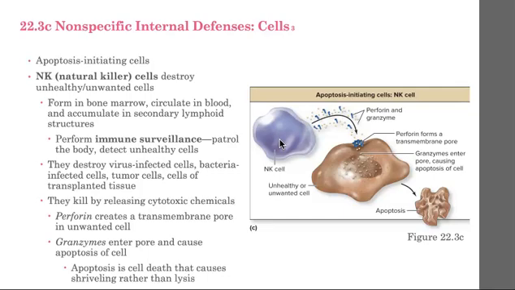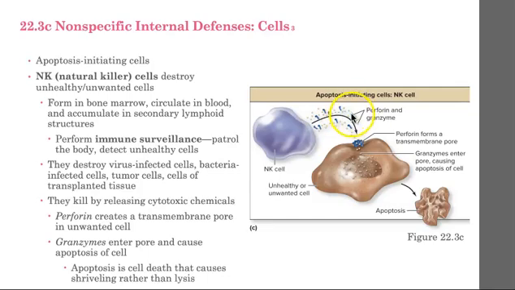So they really perform an immune surveillance for us and patrol the body to find these unhealthy cells or maybe cancer cells. They'll also search to destroy virus-infected cells or bacterial-infected cells and cells of transplanted tissue just because they see it as foreign. And the way that they kill is they release certain cytotoxic chemicals.